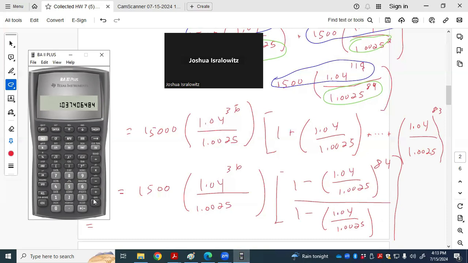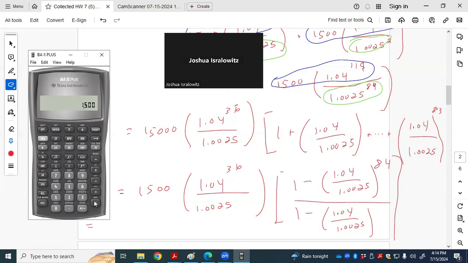Okay, so let's store that in the one spot. So let's get the numerator here, raise this to the 84 plus 1, over 1 minus, recall, parentheses, and that's this whole thing, easy peasy. It doesn't matter what order we do things now.